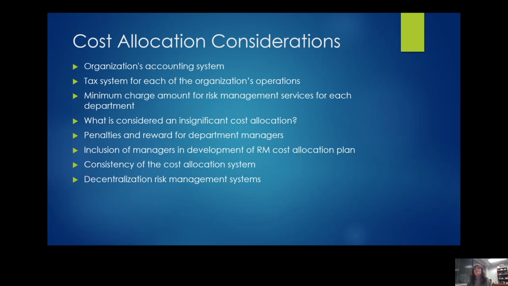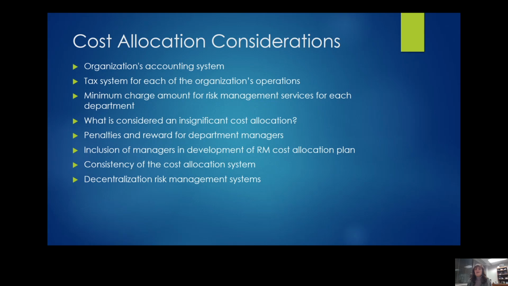So don't make it too complex. You also want to reward and penalize people so that they better understand they're actually going to be impacted negatively if they don't do their job, and they're going to be rewarded for doing something that they can control. So you want to build in those penalties and rewards.